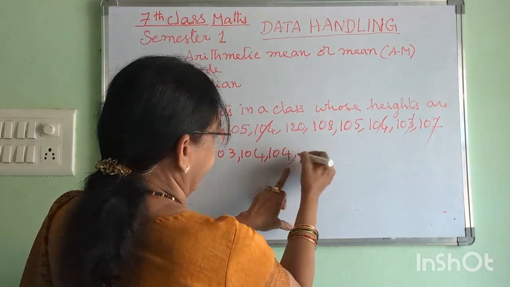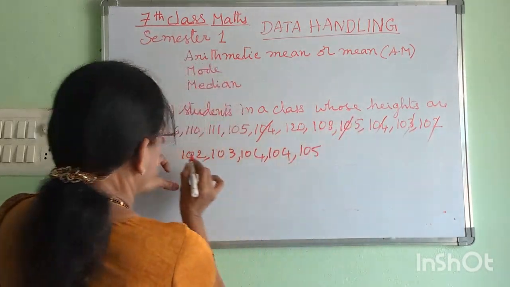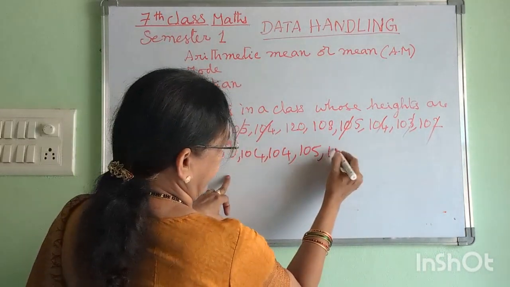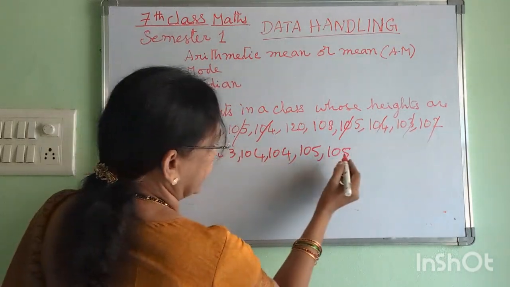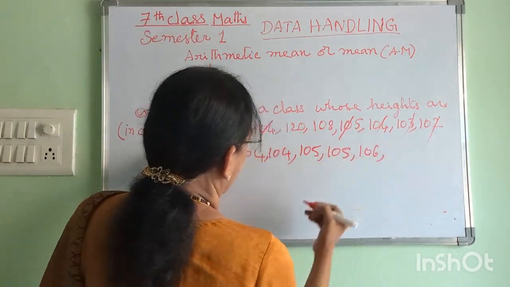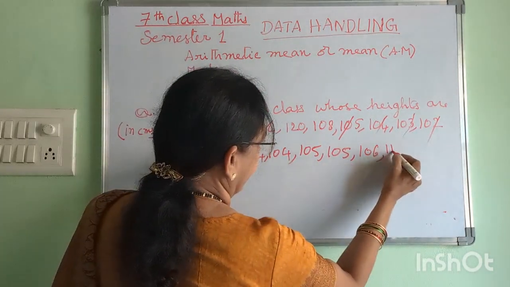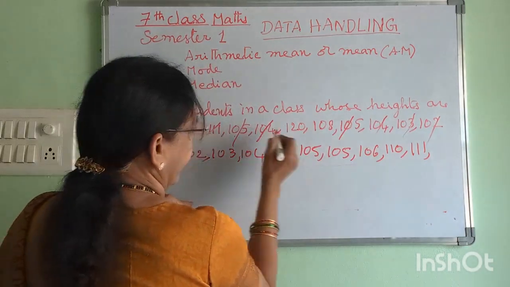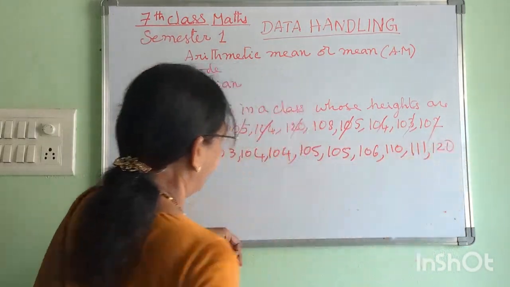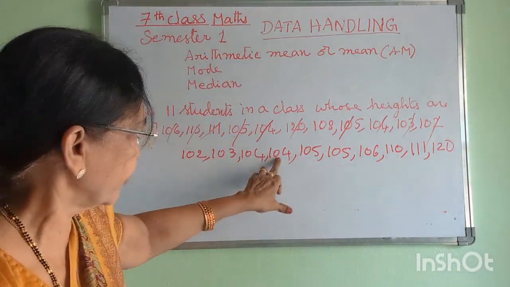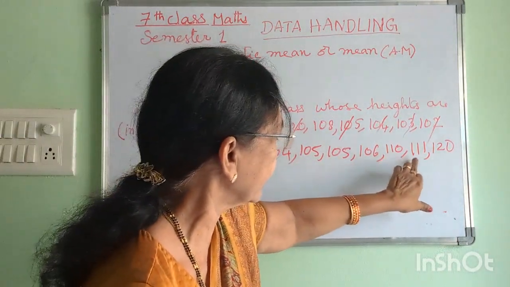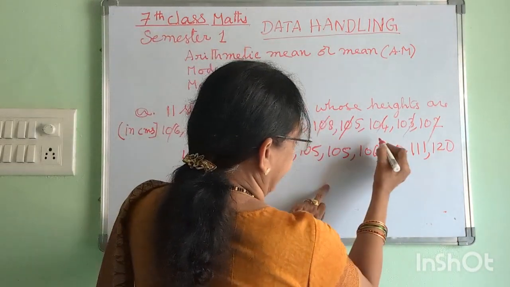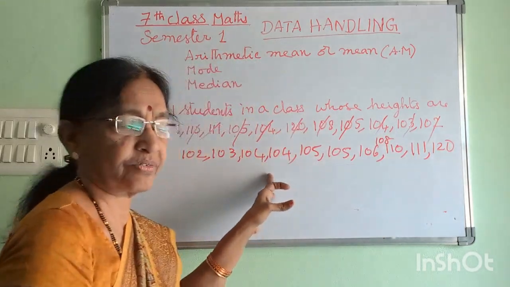Next 105, there is another 105 here. And next 106, 108, 110, 111 and 120. Counting the total, we have 11 observations.